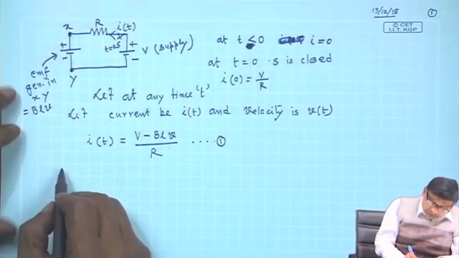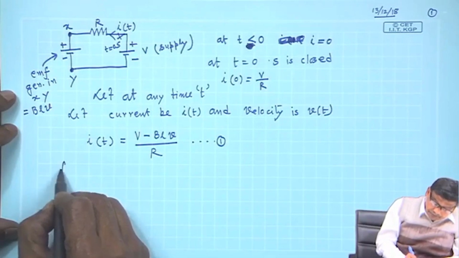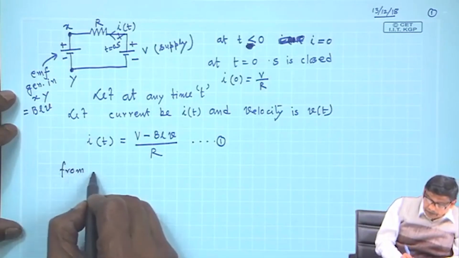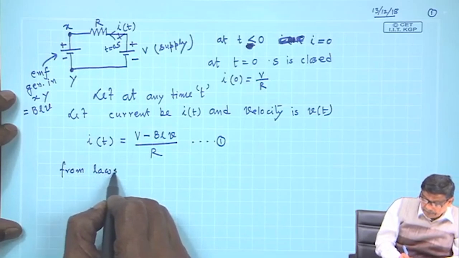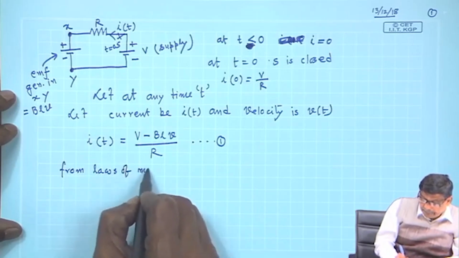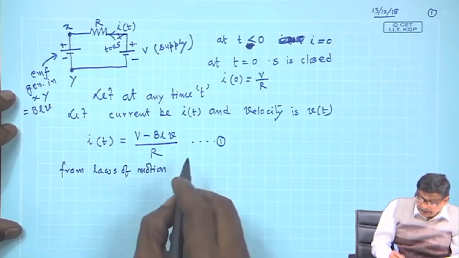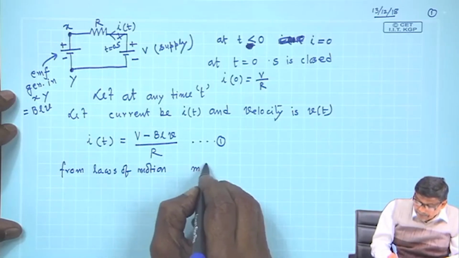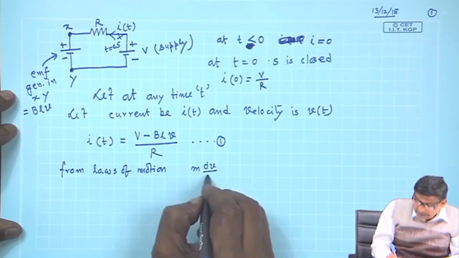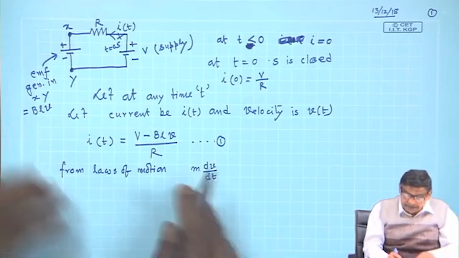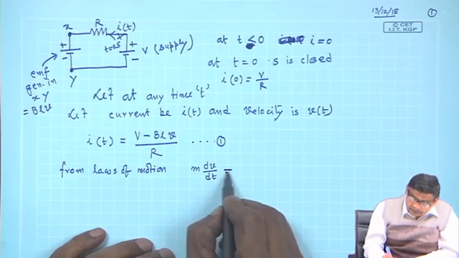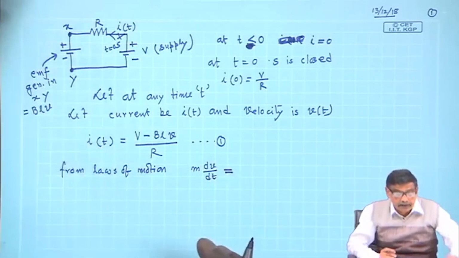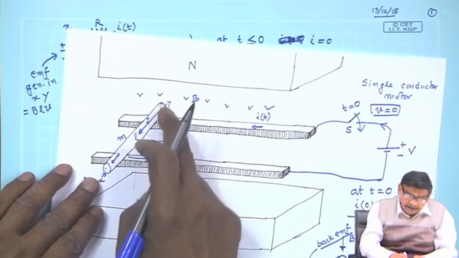So, from Newton's laws of motion, I know that m dv/dt, the mass times acceleration, must be equal to the force which is acting. What is the force acting on the conductor?